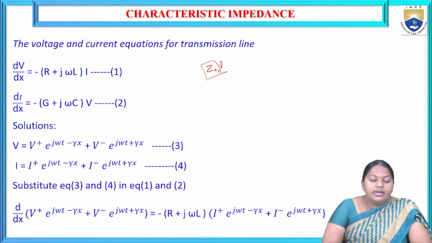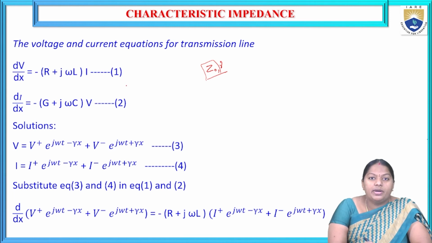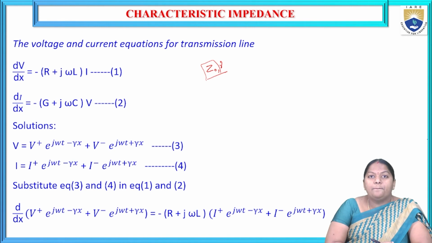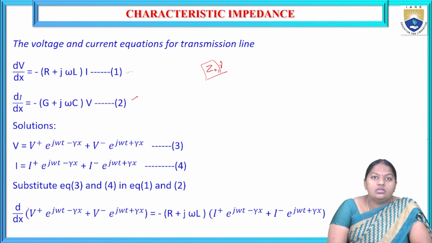So R and L are connected in series, whereas conductance G and capacitance C are connected in shunt or parallel. Depending upon that, we have dV by dx equals minus of R plus j omega L into I, and dI by dx equals minus of G plus j omega C into V. Consider these as equations 1 and 2.